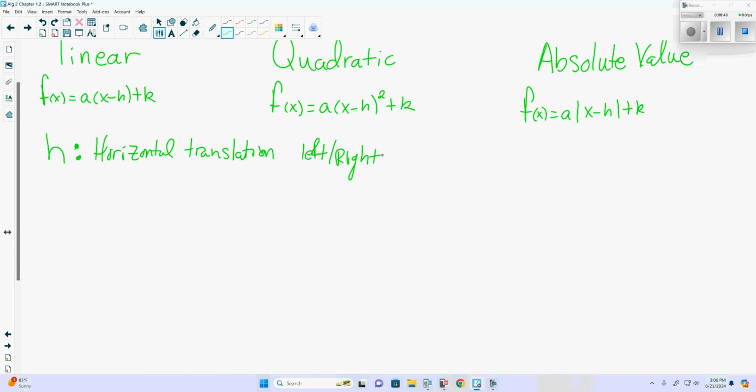Does that make sense? Because again, this horizontal translation, H is applied to all three. That H value tells us the left, right. Now K is our vertical.